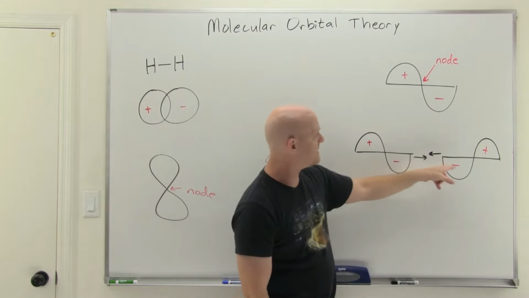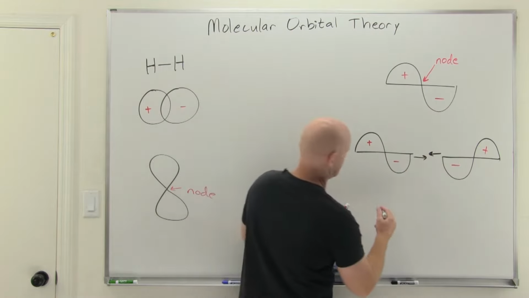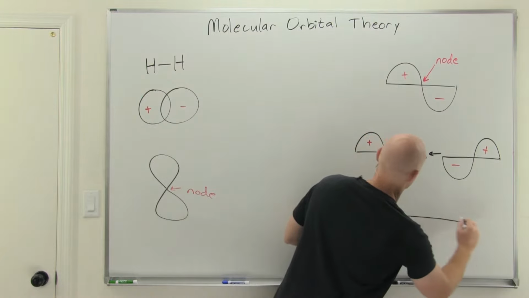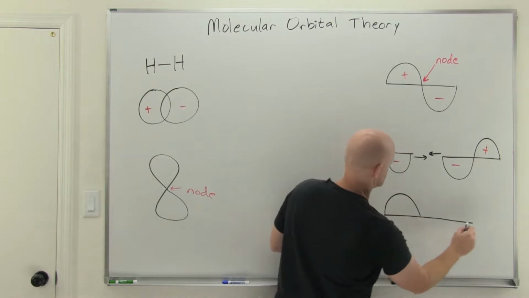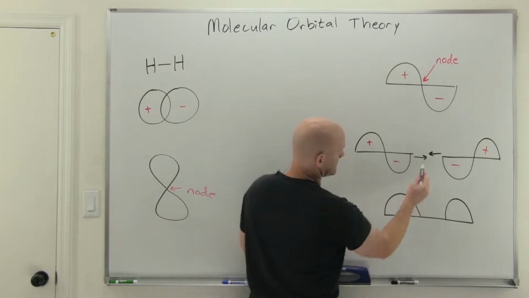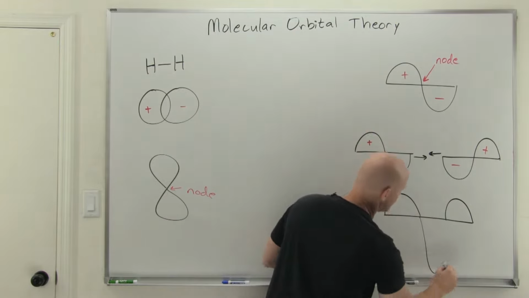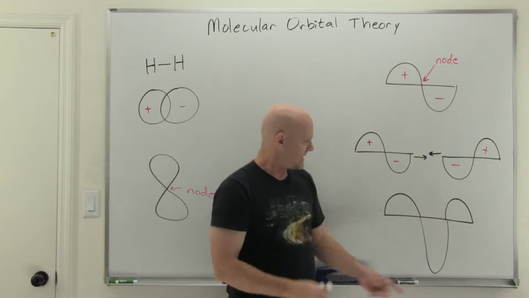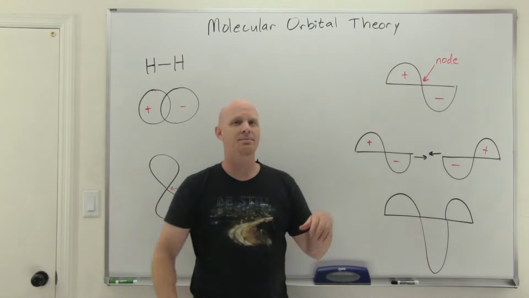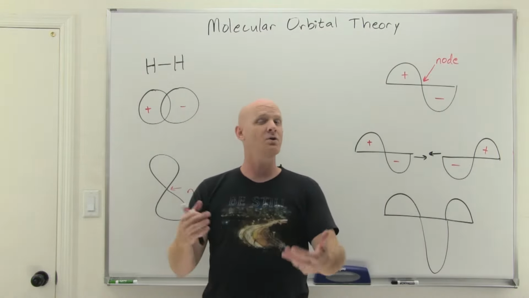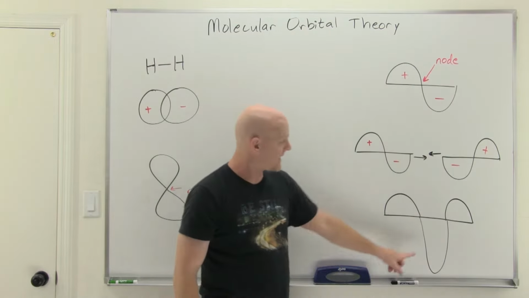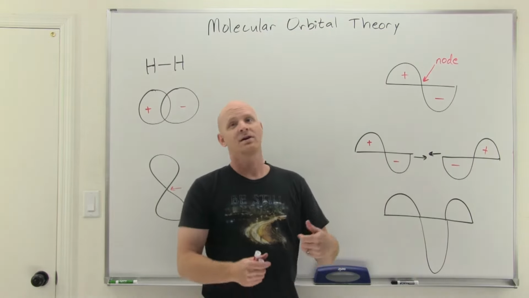And as we see, when they overlap, in this region where they overlap, they're both negative. And when you add negative values together, they get more negative. And that's what happens when you have constructive overlap: the parts that overlap have the same sign, either both positive or both negative, and that part of the wave actually gets bigger.